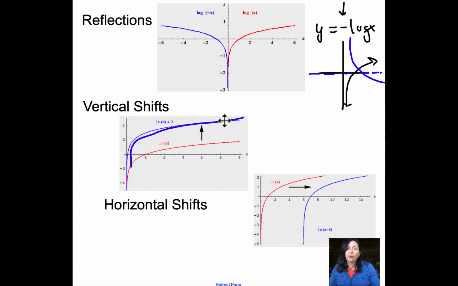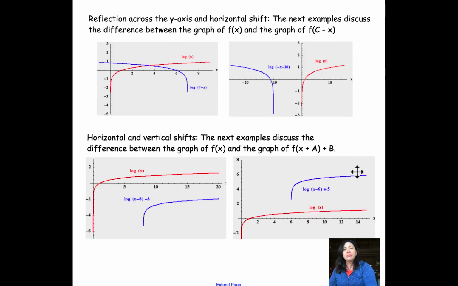Whereas a horizontal shift is going to take your graph, wherever that is, and move it to the left or to the right. So vertical shifts go up and down, horizontal shifts go left and right. This is what we were talking about, reflection across the y-axis, this line here being the y-axis.